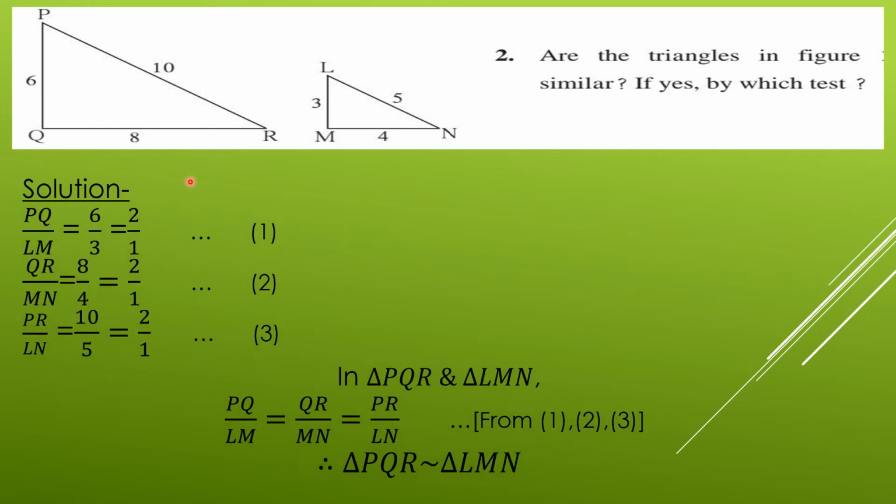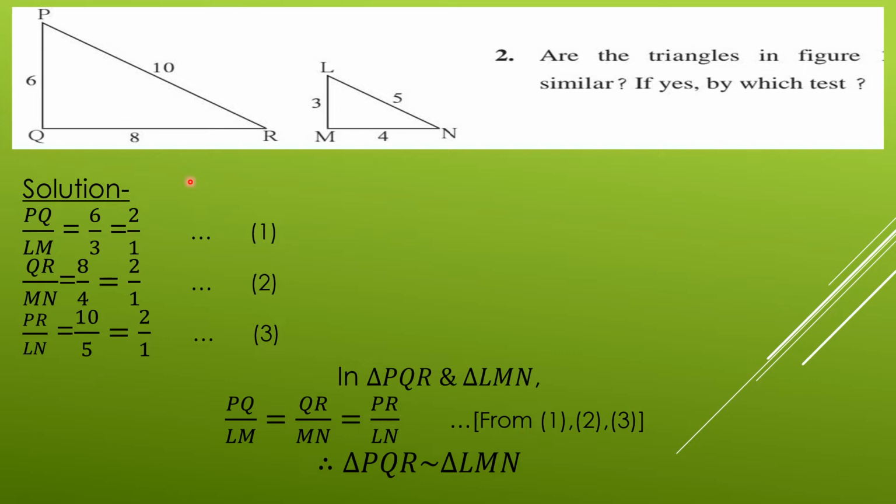Solution: PQ upon LM is equal to 6 upon 3 is equal to 2 upon 1. Give this statement as number 1. QR upon MN is equal to 8 upon 4 is equal to 2 upon 1. Give number 2 to this statement. Then PR upon LN is equal to 10 upon 5 is equal to again 2 upon 1. Give number 3.